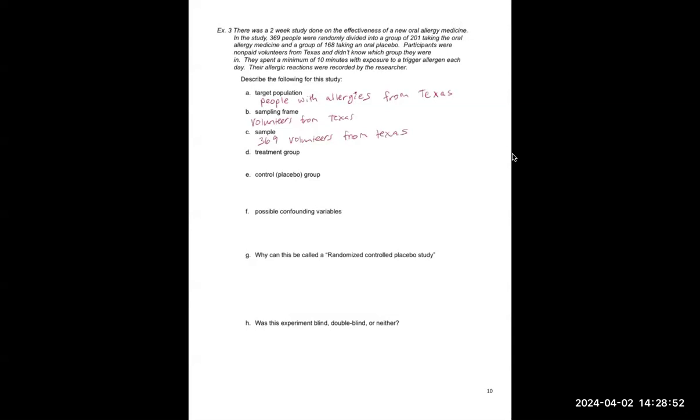So that's the 201 taking the oral allergy medicine. The control group was the 168 people taking the oral placebo.